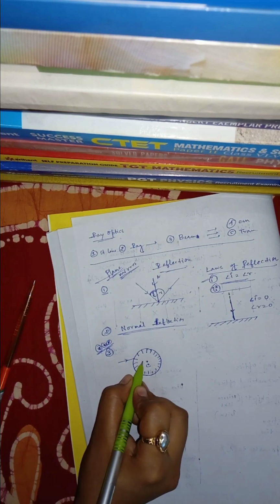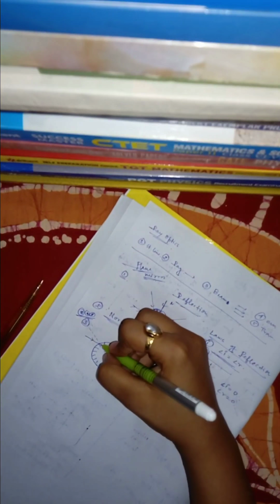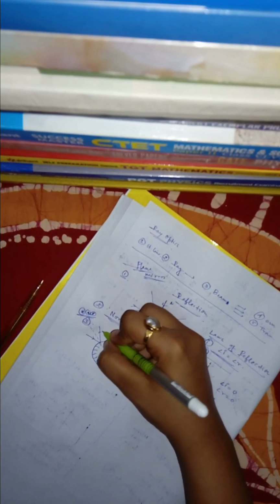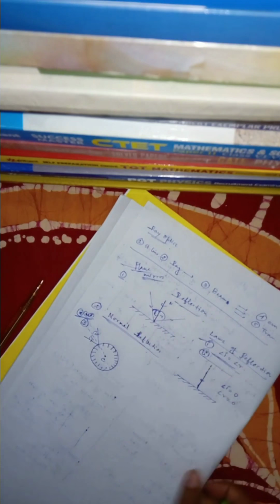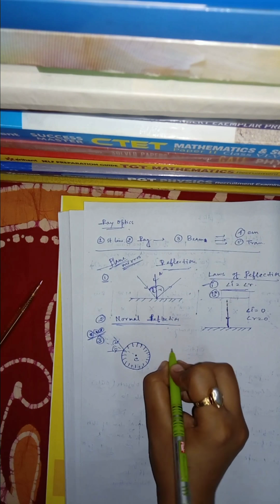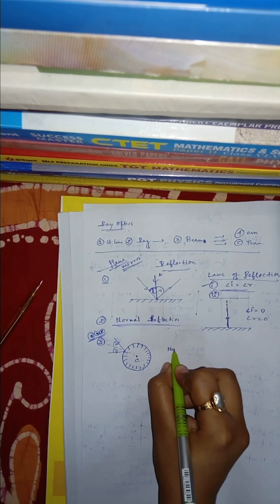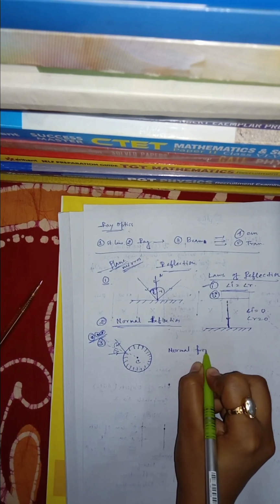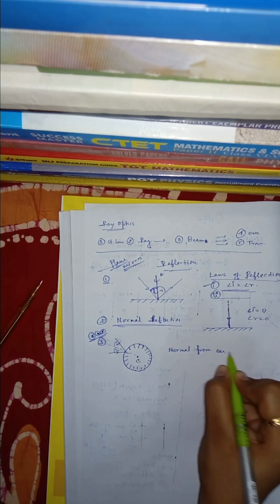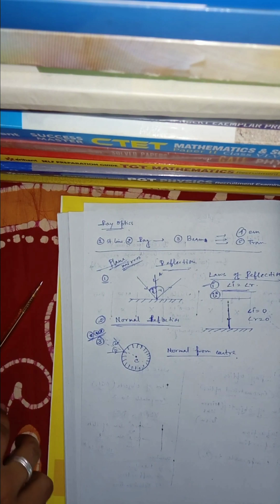So this will be your normal, and this will be your reflected ray. In case of a spherical mirror, you have to take the normal from the center, or we can write that the normal should pass through the center of the sphere.